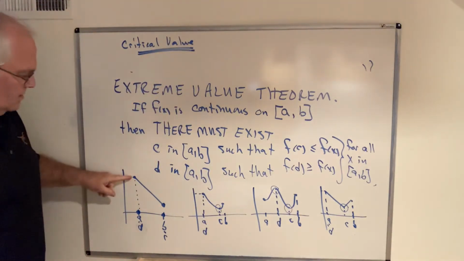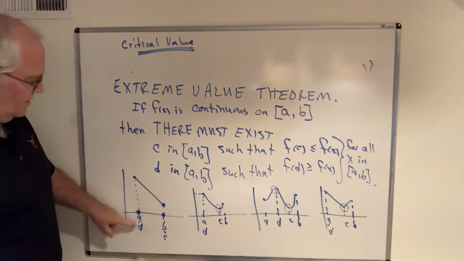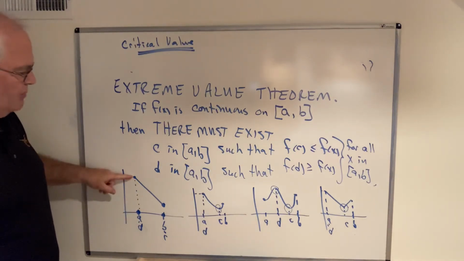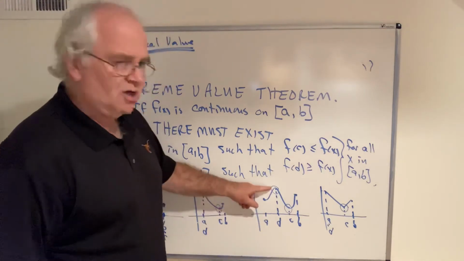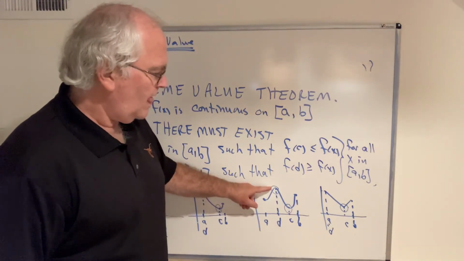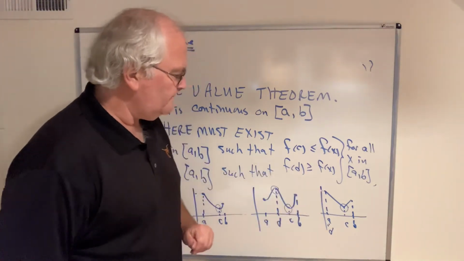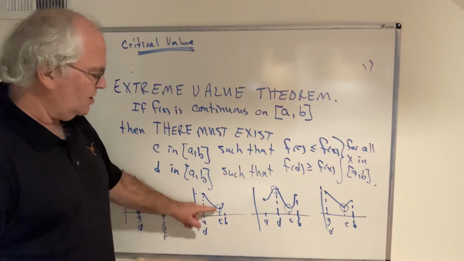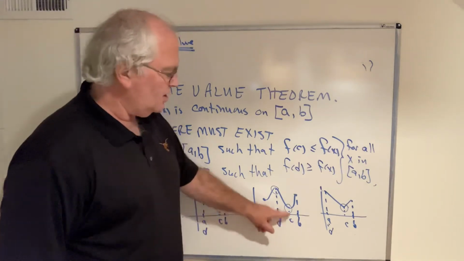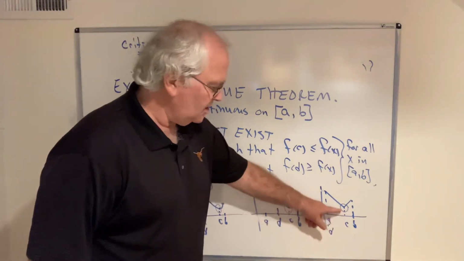So here, the maximum occurs at the endpoint. Here, the maximum occurs at the endpoint. Here, the maximum occurs at the critical value. Here, the maximum occurs at the endpoint. Here, the minimum occurs at the endpoint. The minimum occurs at a critical value.